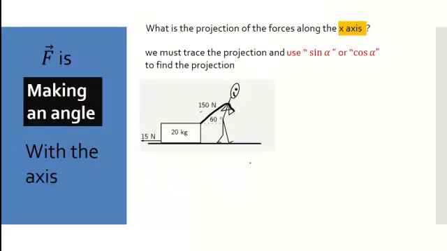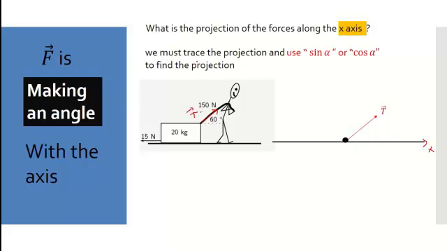Now the last case, what is the projection of the force along the x-axis when the force is making an angle with respect to the axis? So let's suppose here we have this figure. I will take this force, call it the tension force, and simplify it. If I want to find the projection along the x-axis of this force, first I will draw the x-axis. Second, I look at the force. It's not parallel to the x-axis nor perpendicular.